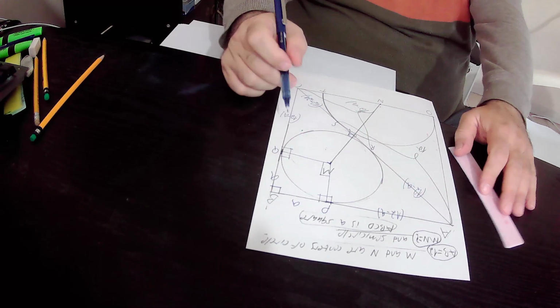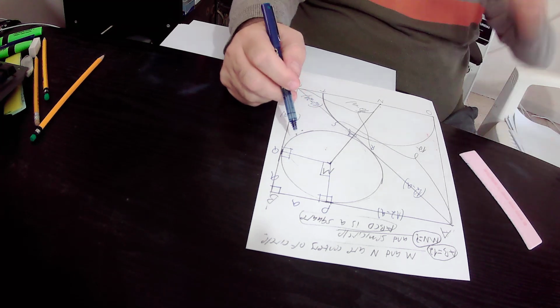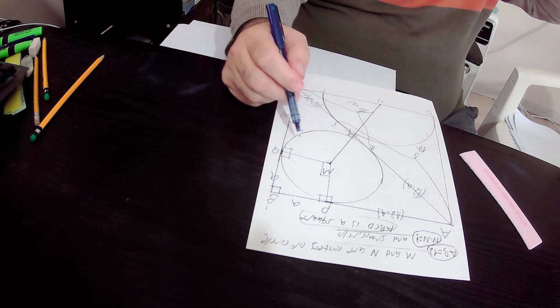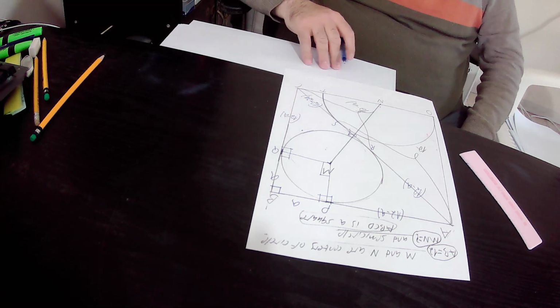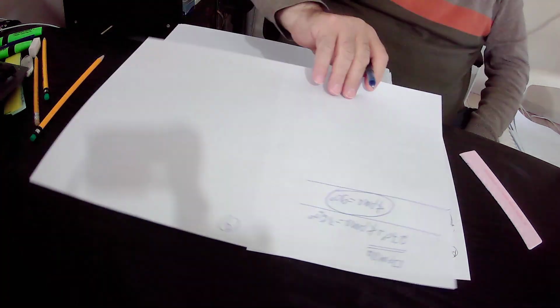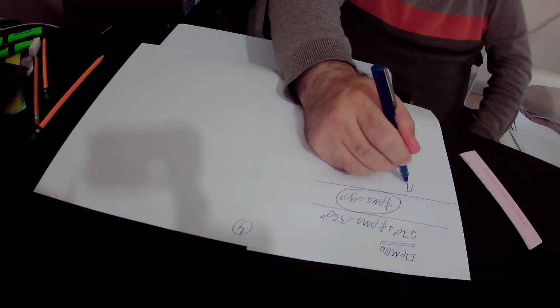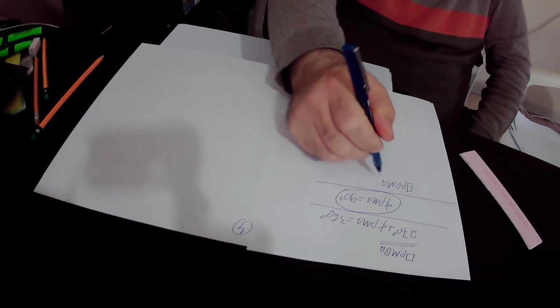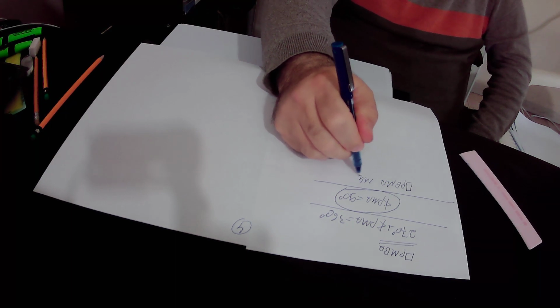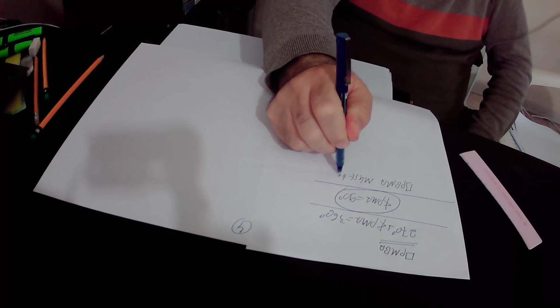So actually, quadrilateral PBMQ that has four right angles must be at least a rectangle. I will write it down. Quadrilateral PBMQ that has four right angles must be at least a rectangle.